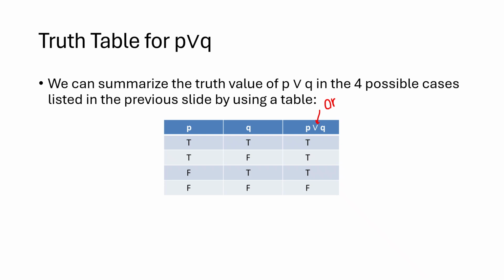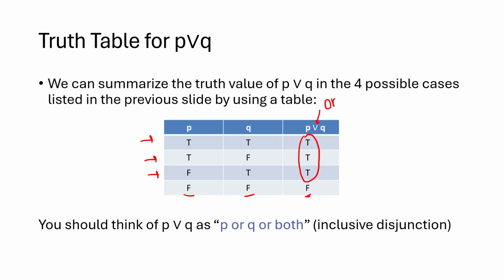So in 3 of these scenarios, where P and Q are both true, or P is true and Q is false, or the other way around, in these 3 cases, their disjunction is going to be true. In other words, the only case where the disjunction of 2 propositions is false is when both of them are false. So when you combine 2 sentences with an or, you are wrong only when both of your sentences are false. If at least one of them is true, then the whole thing is going to be true.